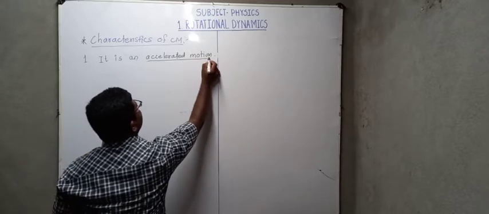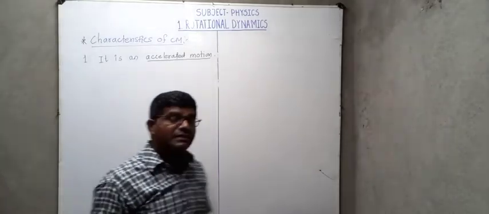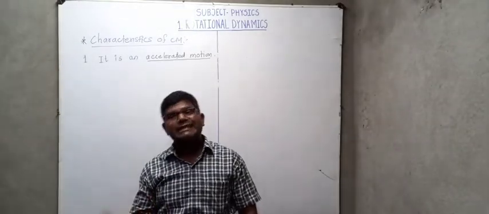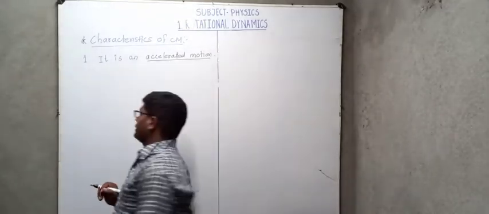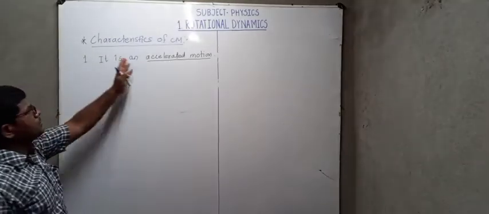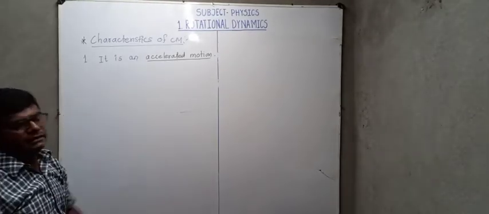Why is circular motion called accelerated motion? Since the direction of velocity changes continuously, and due to this, circular motion is an accelerated motion.